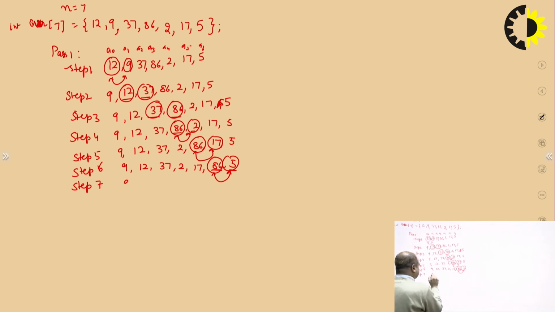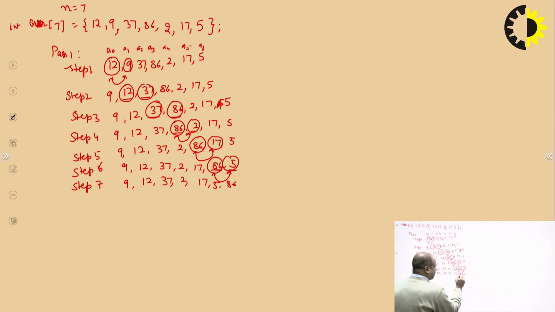My new array will become 9, 12, 37, 2, 17, 5 and 86. After this step, we see that 86, the largest element in the whole array, has come out after pass 1.